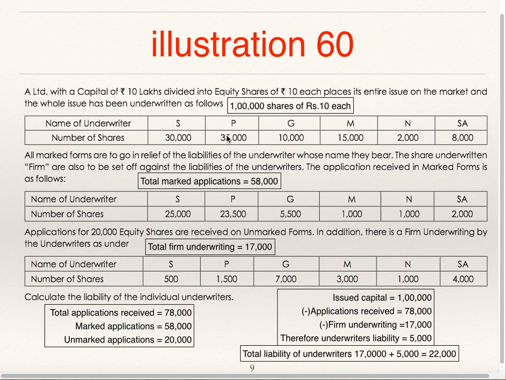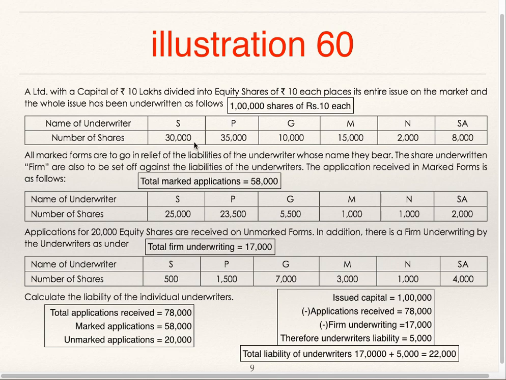These are the underwriters and they have decided to underwrite these shares: 30,000, 35,000, 10,000, 15,000, 2,000 and 8,000. If you add all this, you will get 1 lakh, that is issued capital.